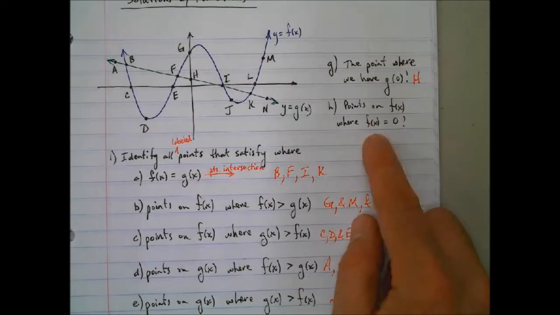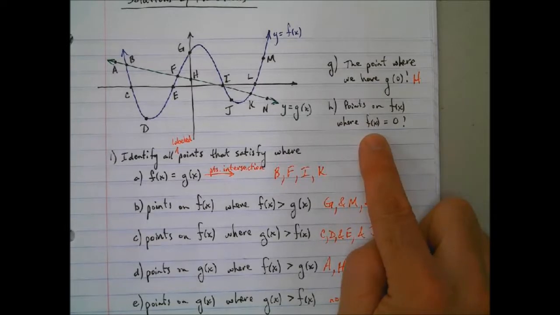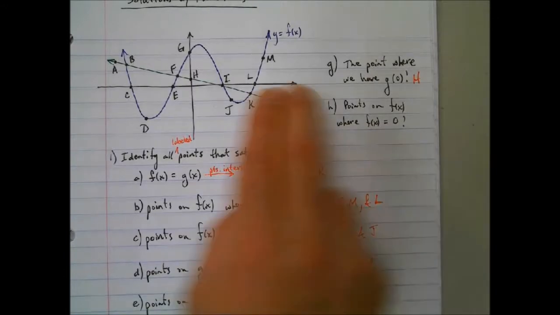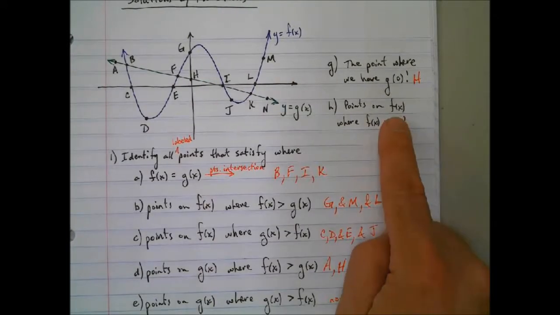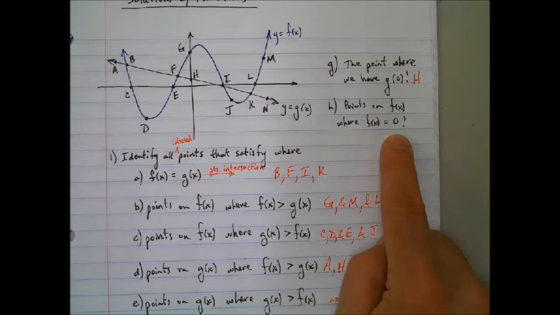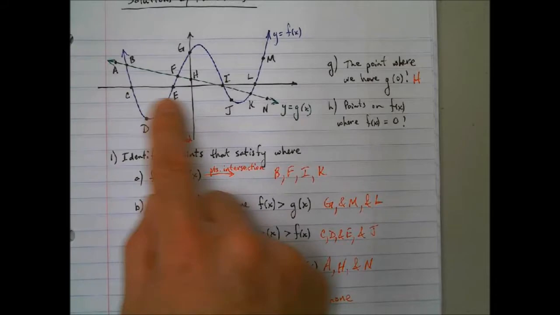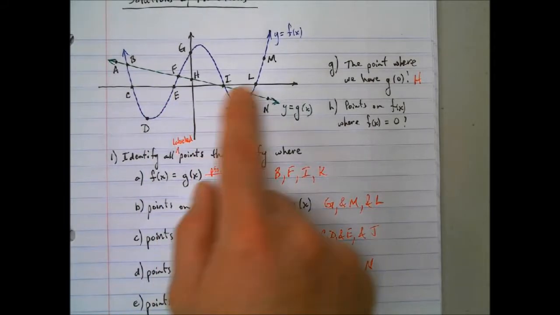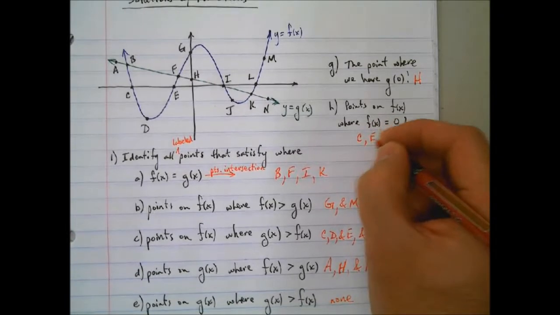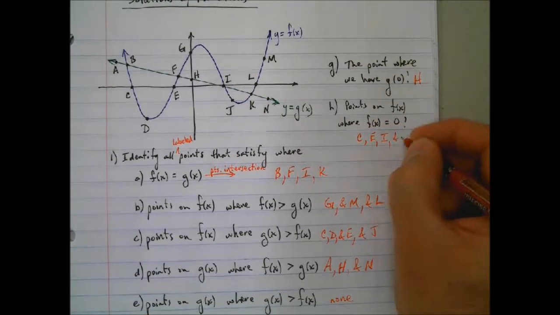So now remember, f of x is another way of writing y. So y equals, well, where is y equal to 0? Well, y is equal to 0 on the x-axis, isn't it? And we want points on f of x where f of x equals 0. So does f have any x-intercepts? Because that's what we're looking for. C, E, I, and L.